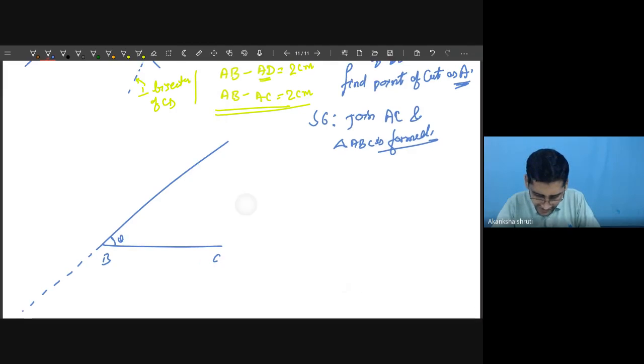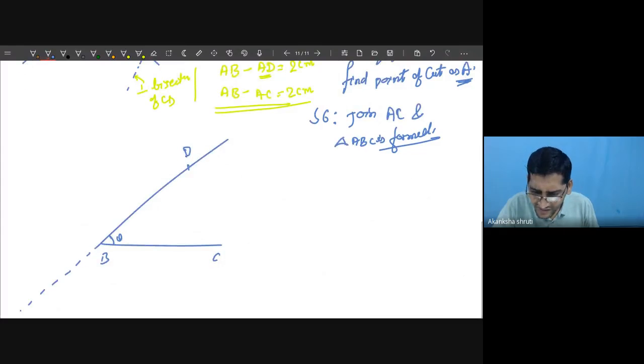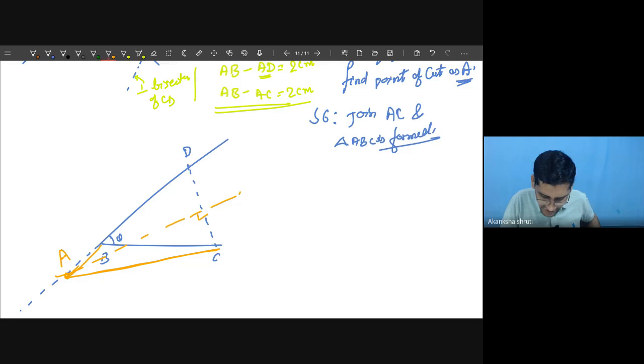Say, if the point D or the difference is somewhere here. If the difference is somewhere here, at this time, if you are joining this D to C and then drawing the perpendicular, the perpendicular is going to cut somewhere here. So this will be the point A. At this time, you have to join this A to C, then make it a solid line.